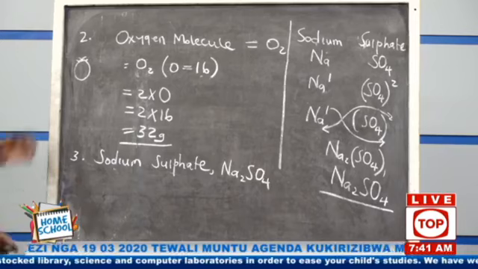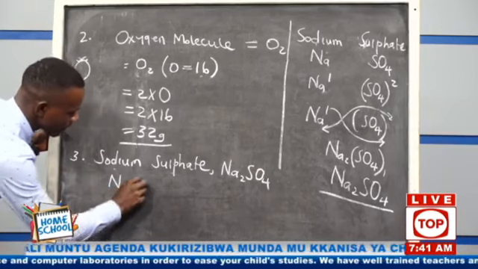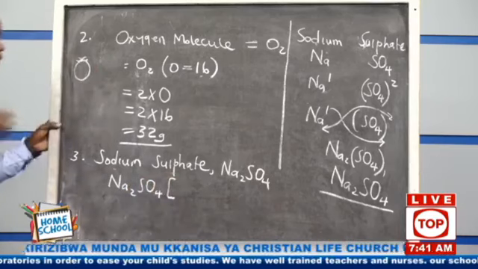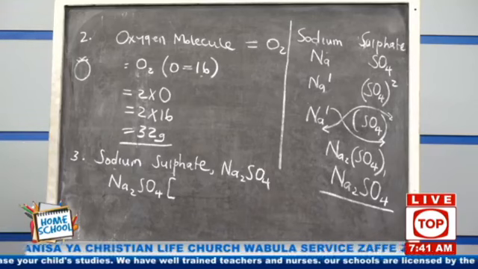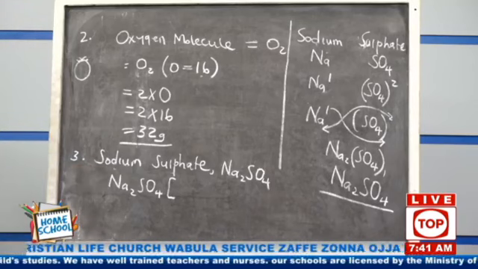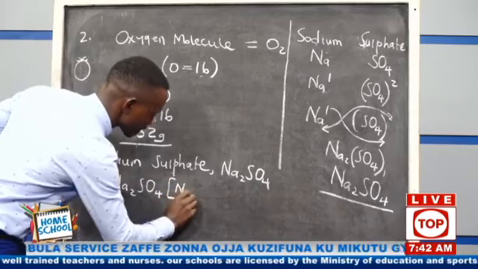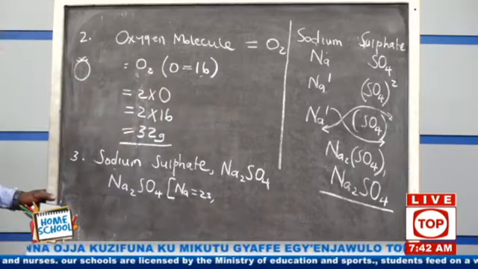You're going to get a different value. All right? So the second step, you write this one here. Sodium sulfate. And you go to your periodic table and pick atomic masses of the elements present. All right? You say there is sodium and it is 23. I've picked it from there.